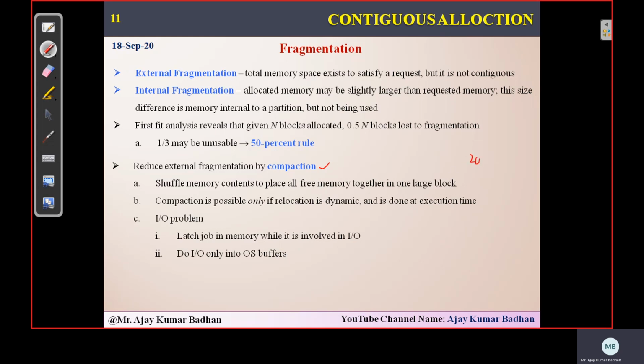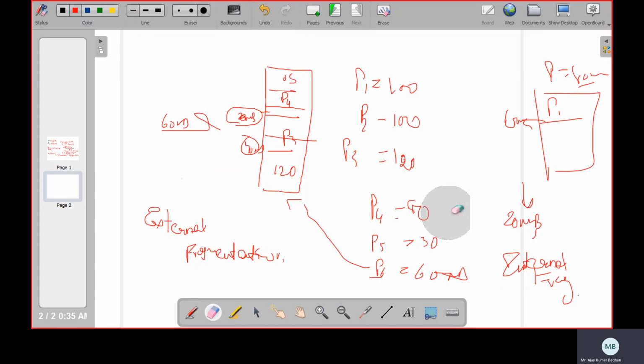Compaction is nothing but this: for the 20 MB and 40 MB that I said are vacated now, we will try to move the content of the memory to the upper space and bring these together at one particular location, 20 and 40, and combine them and use them as a 60 MB slot. Here, suppose 20 is there with 40.